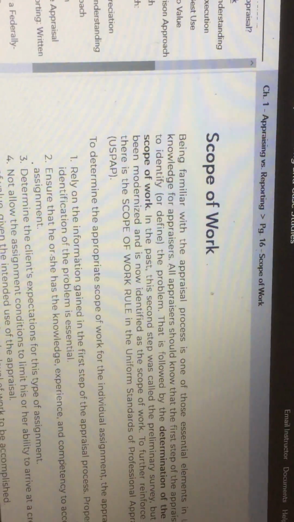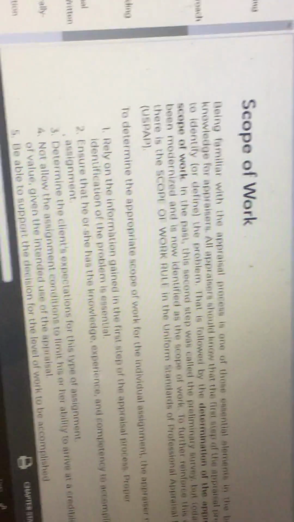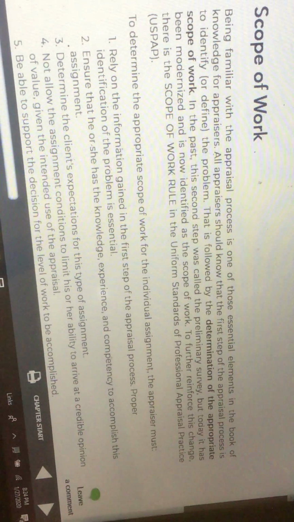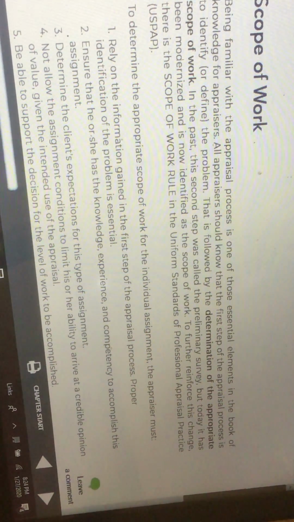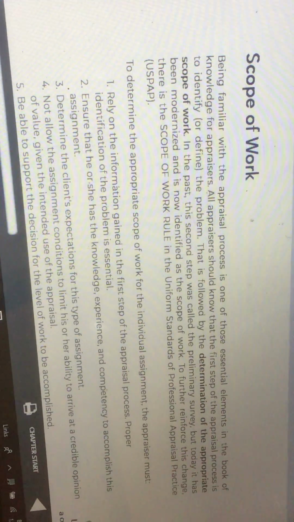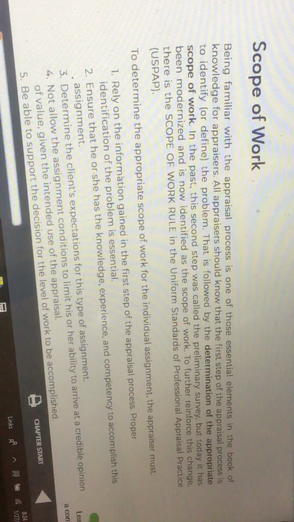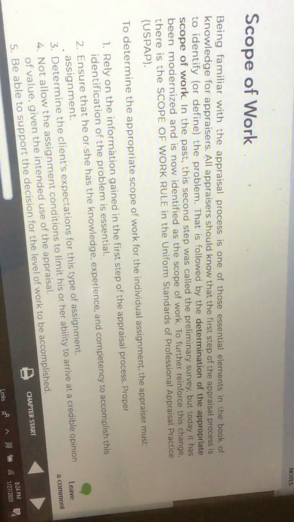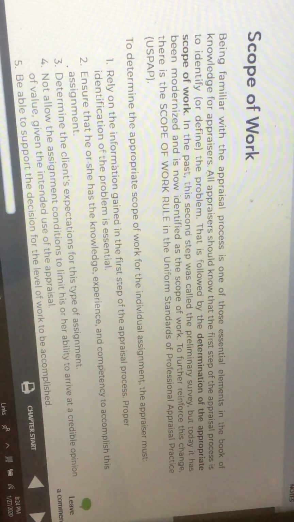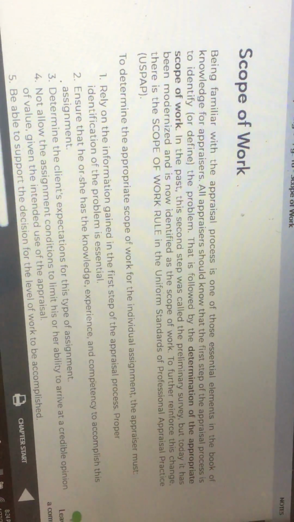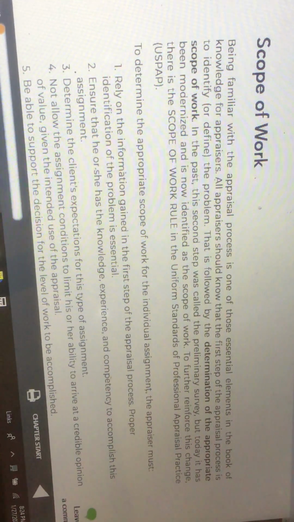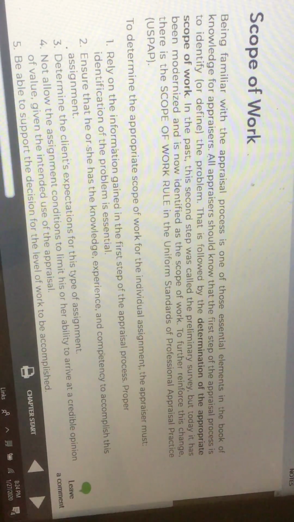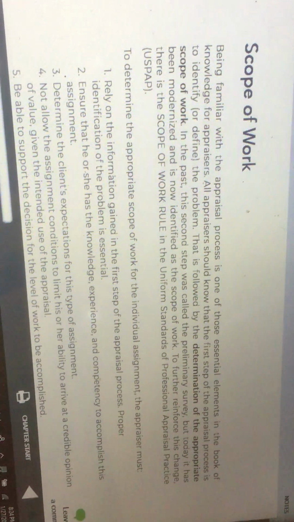Page 16, Scope of Work. Being familiar with the appraisal process is one of those essential elements in the book of knowledge for appraisers. All appraisers should know that the first step of the appraisal process is to identify or define the problem. That is followed by the determination of the appropriate scope of work.